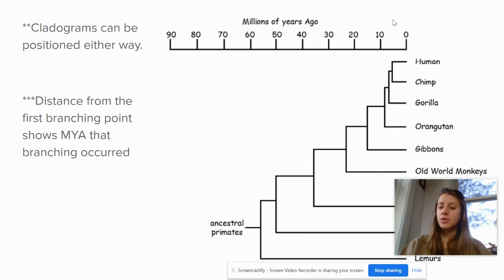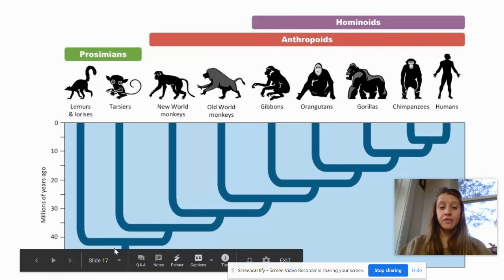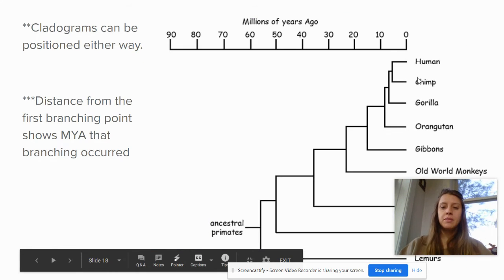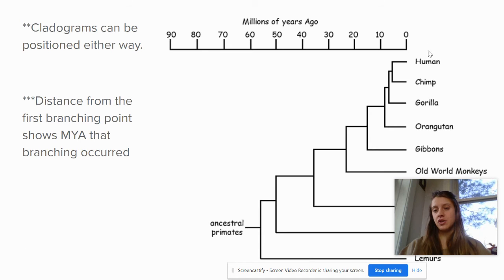This also shows you that cladograms can be positioned either way. They can be vertical, like this, showing us more of what a tree looks like with our roots and then our branches, or they can be positioned horizontally. You'll see this shows the same information. Humans and chimps are really closely related, and then gorillas, orangutans, gibbons.